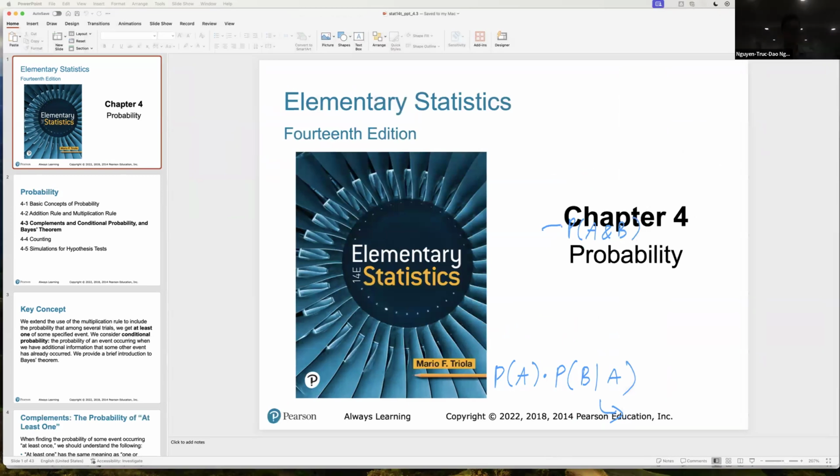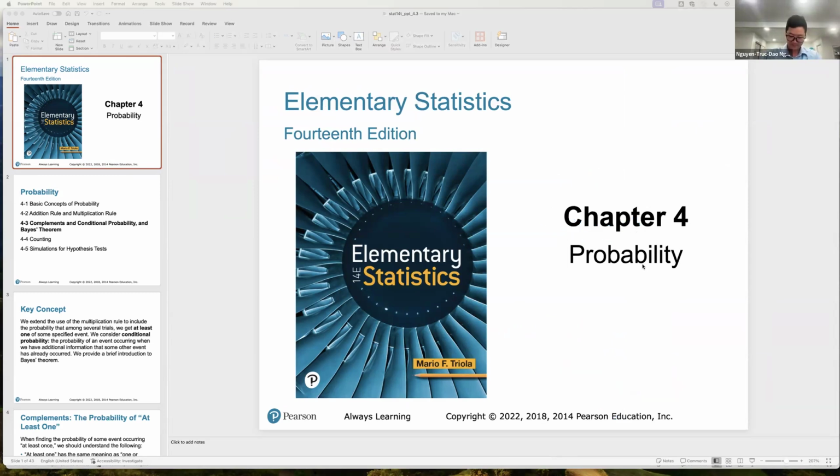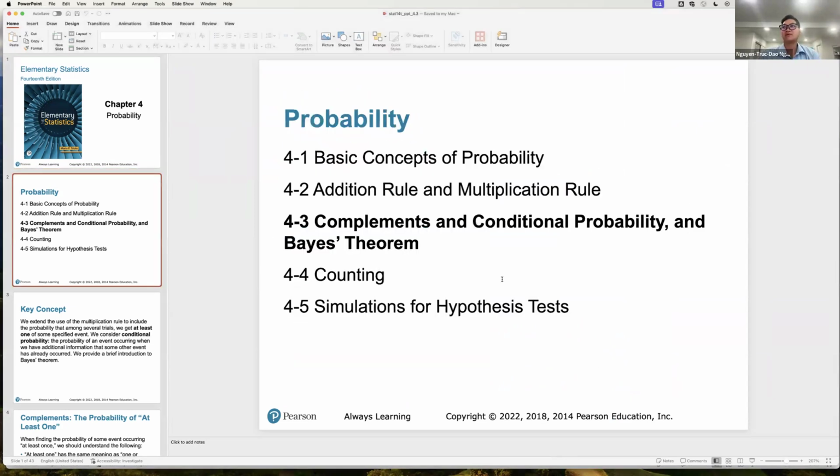Okay, so we are back with section 4.3, right? Complements and conditional probability and Bayes theorem. I said that we have a 3 minute break.